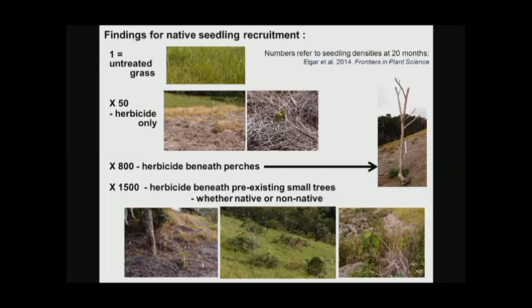And it doesn't matter whether, so that's a lantana clump, and that's a native tree species regenerating. That doesn't make any difference. The birds don't care whether it's a native or non-native shrub. Underneath the native shrubs and underneath the non-native shrubs, you get an increase in native seedling recruitment.